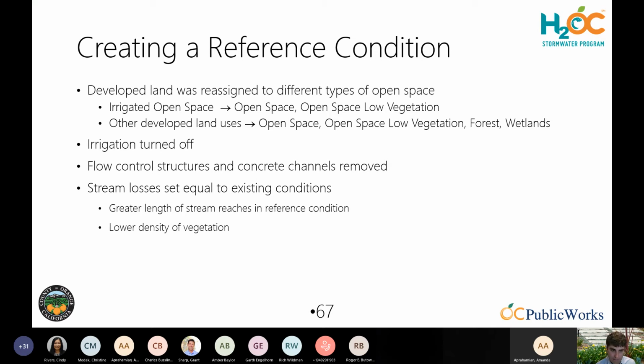And we see that bear out in aerial review going back to the 30s, that the vegetation was lower, although that's an agricultural impacted condition, so it doesn't actually represent a true reference. So we could dice here all that we want, but what we've done is just assume the same stream losses in reference, representing a greater amount of reach, but a lower density of vegetation in each reach, with losses primarily being evapotranspiration losses.